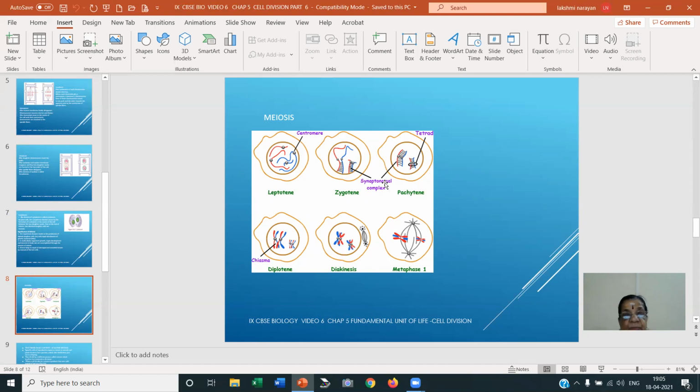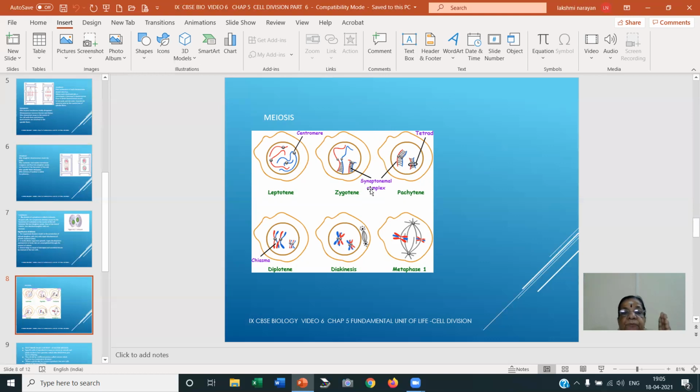In meiosis, there are 2 major divisions, as I said earlier in the previous video: meiosis 1 or heterotypic division and meiosis 2 or homotypic division. Meiosis 1 again has 4 stages: prophase 1, metaphase 1, anaphase 1 and telophase 1.